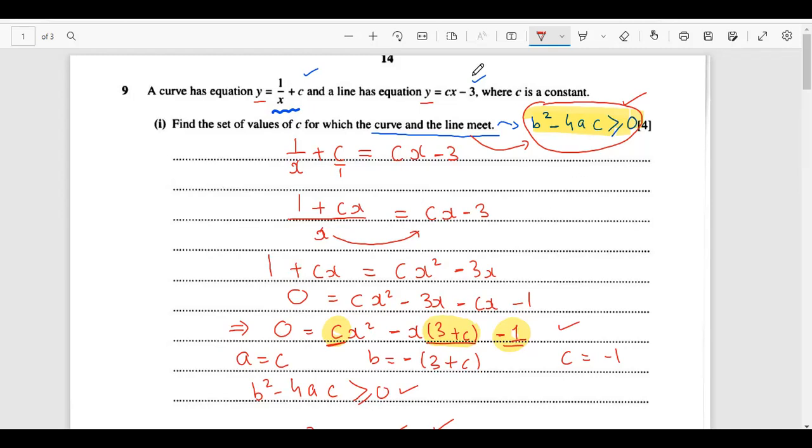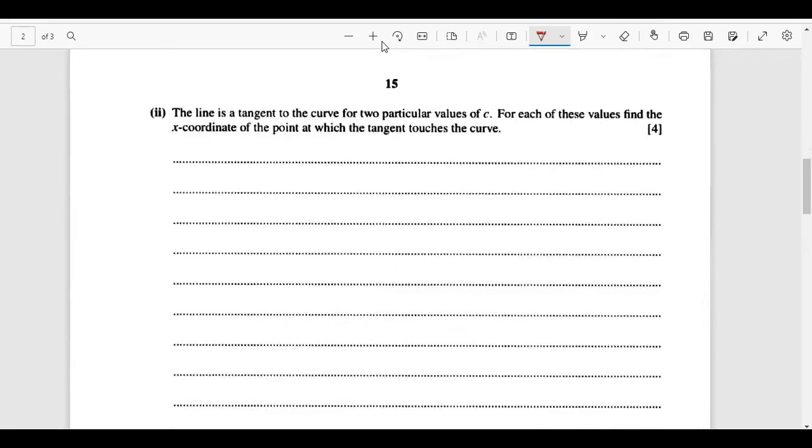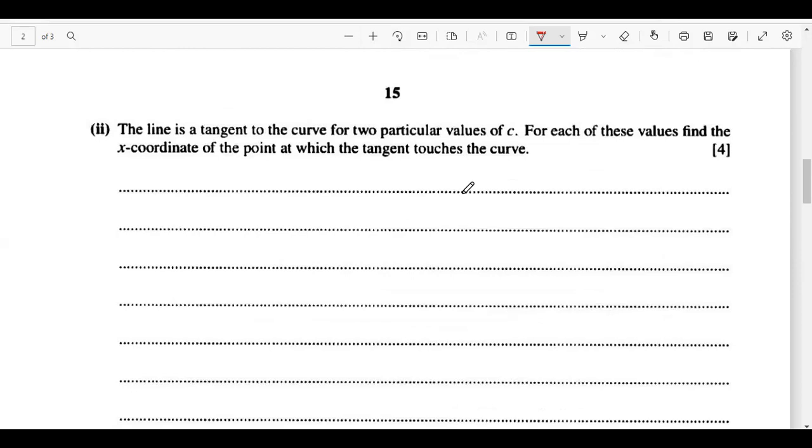Yes. All right, okay. So I hope that we are good with the first part of the question. Let's talk about the second one. Now the second part says, the line is a tangent to the curve for two particular values of c. For each of these values, find the x coordinate of the point at which the line touches the curve.